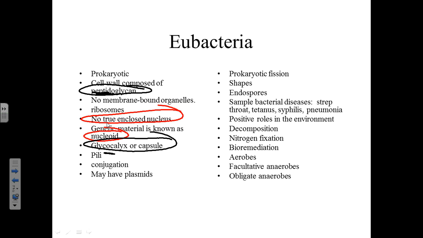But there are some special pili that actually help one bacterium attach to another. And they perform a process called conjugation, where essentially they swap some DNA. And that's sort of a form of what? Sexual reproduction, right? And the pieces of DNA that they swap are little tiny extra loops of DNA called plasmids.